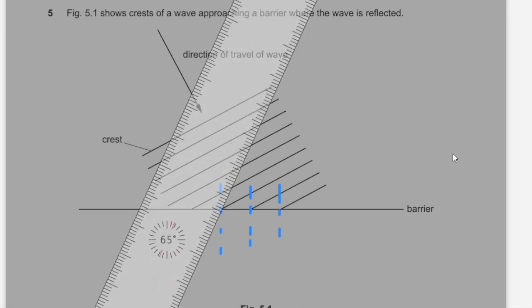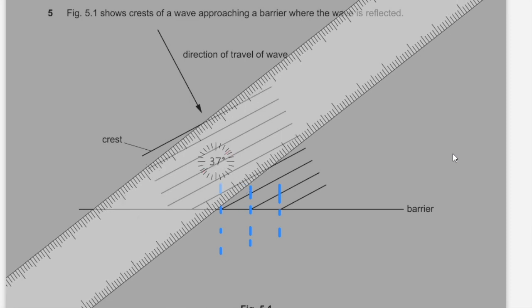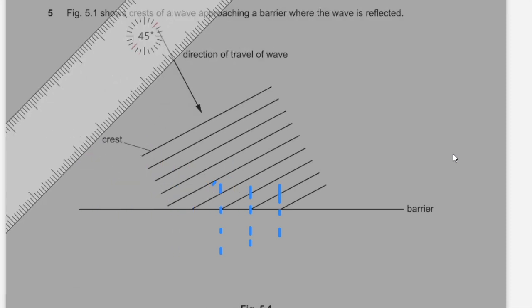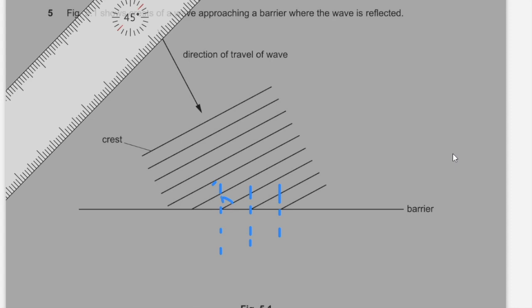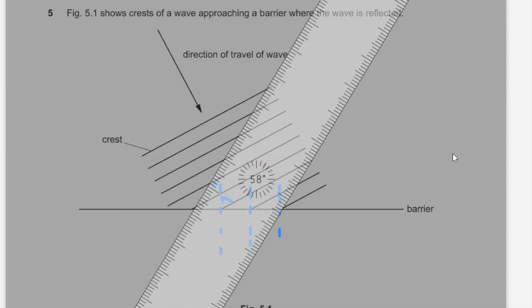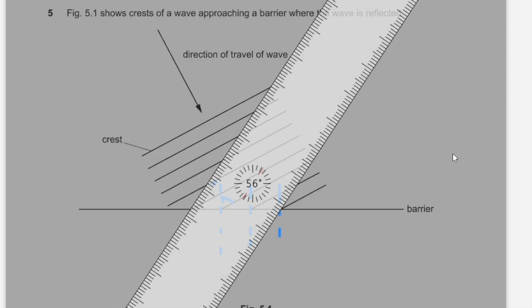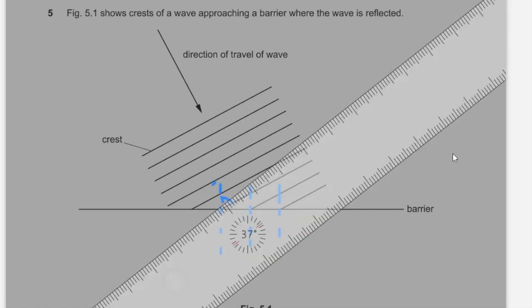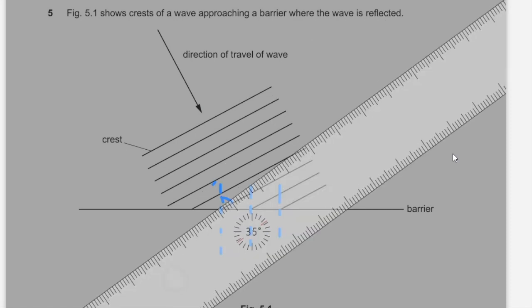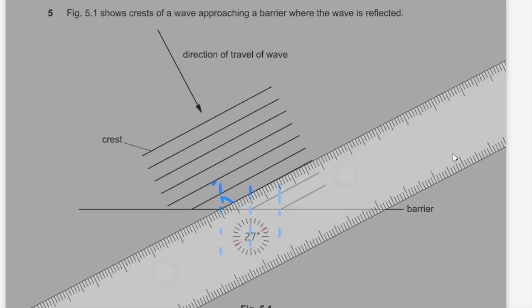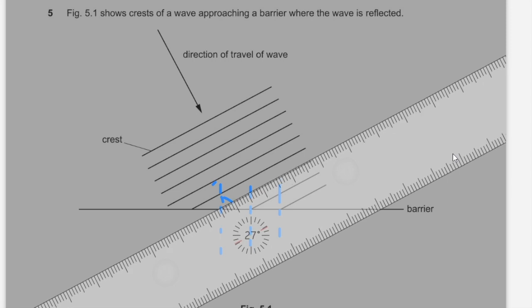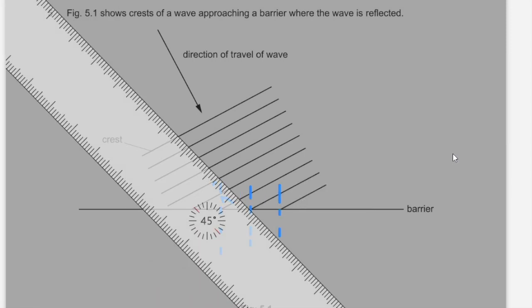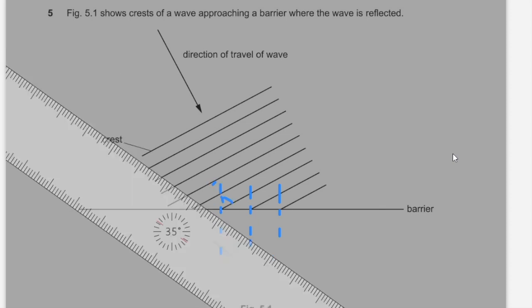I'll start by measuring the angle of incidence, which means the angle between the normal and the incident wave. And this is an angle of 27 degrees, which means the reflected rays should also have an angle of 27 degrees.